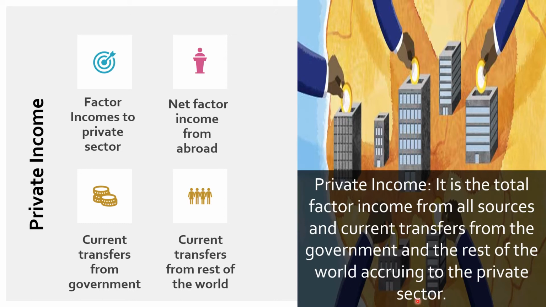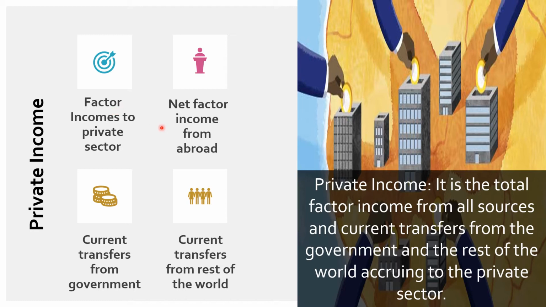So from the definition, we understand that private income would essentially mean all the incomes that are relating to the private sector, which means that private income is the sum total of four values. First being factor incomes to the private sector. When we're talking about factor incomes, we essentially mean rent, interest, wages, salaries, and profits. That is the income to land, labor, capital, and enterprise.